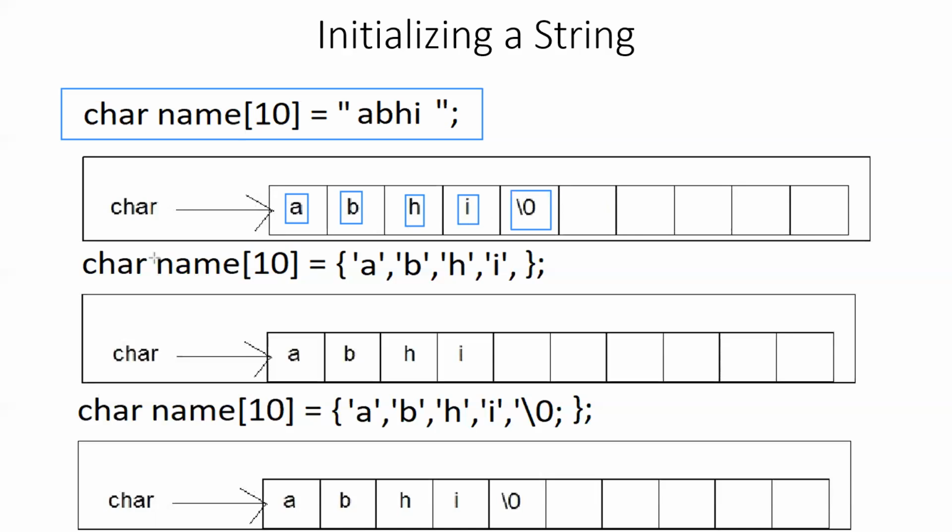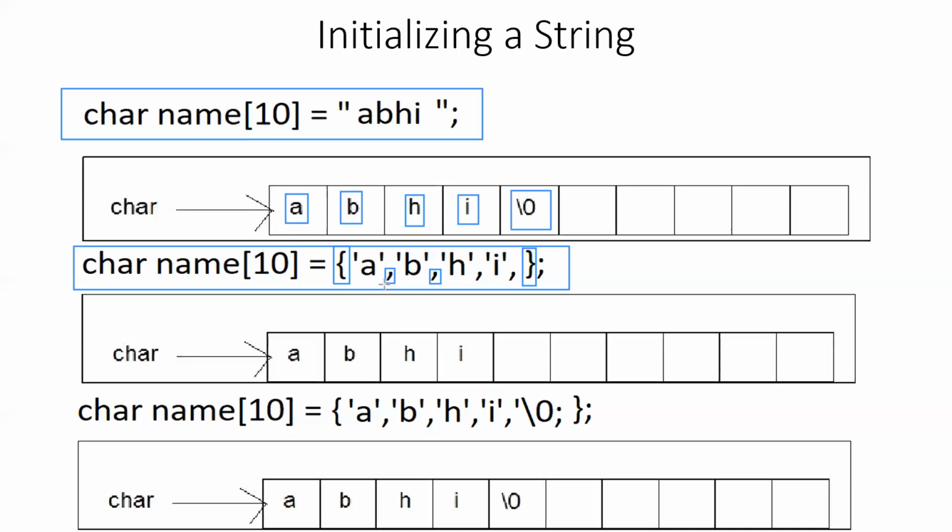Now let's have a look at the second example to initialize the string. Here we are not using double quotes, but single quotes. The single quotes are enclosed within curly braces, and all the individual characters are separated using commas.